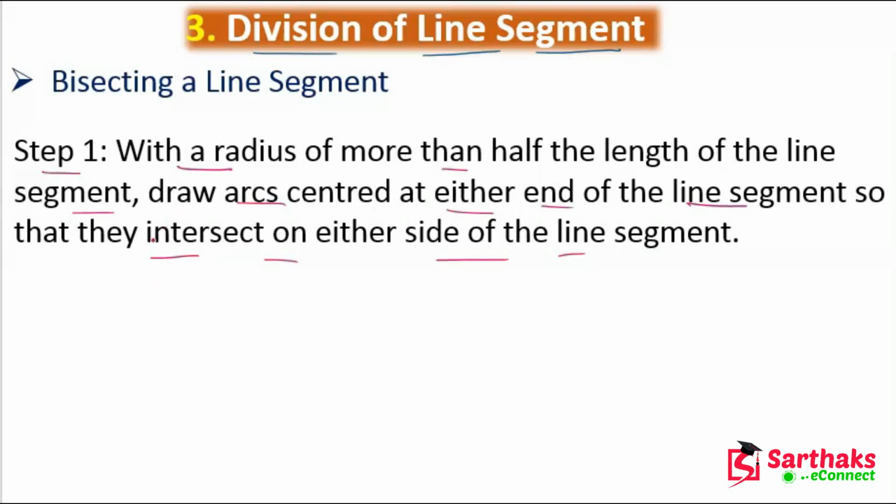This statement states that, first let's suppose we have a line segment like this. This is A and this is B. We have to place the pointer of the compass at point A and draw an arc more than half of the line.